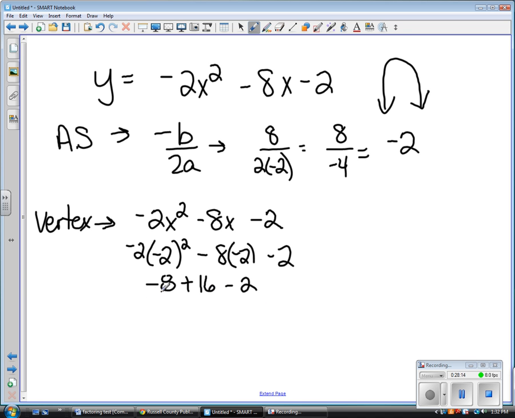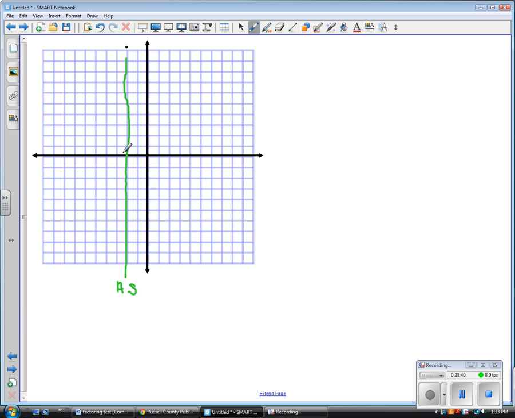Now what is negative 8 plus 16? 8. 8 minus 2? 6. So my vertex is negative 2, 6. On my graph, I can put the point negative 2, 1, 2, 3, 4, 5, 6.